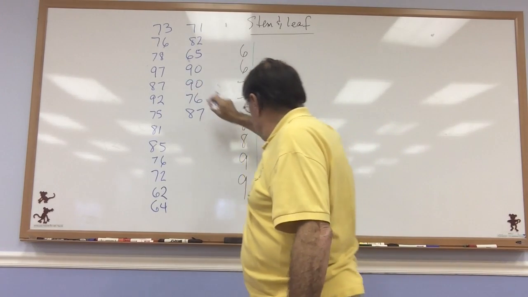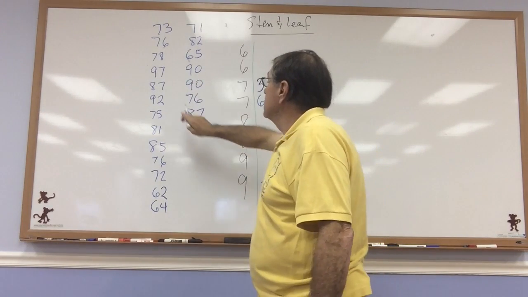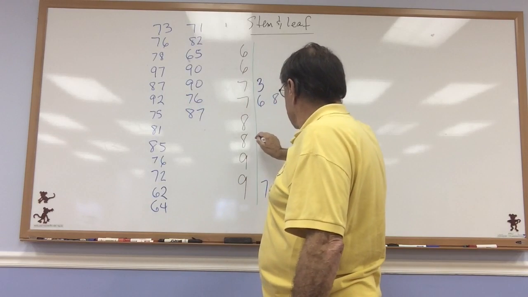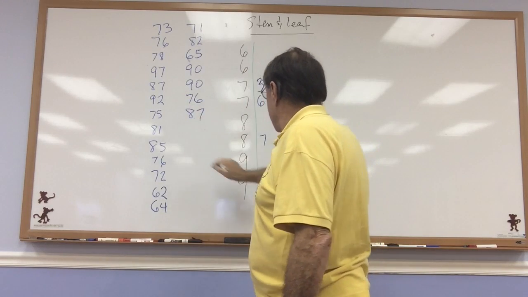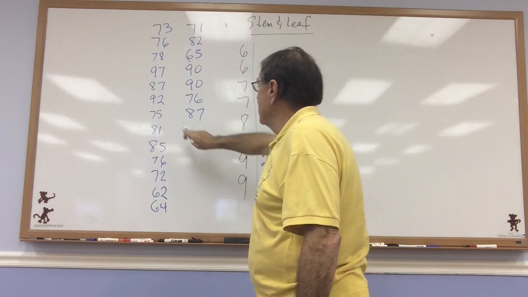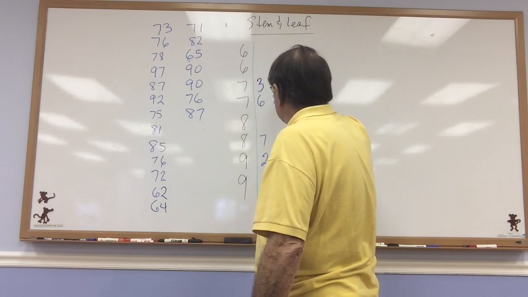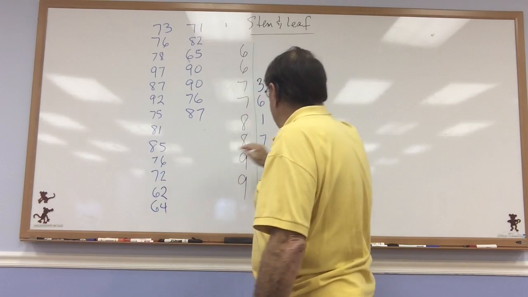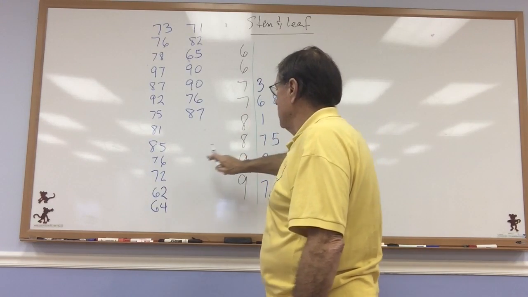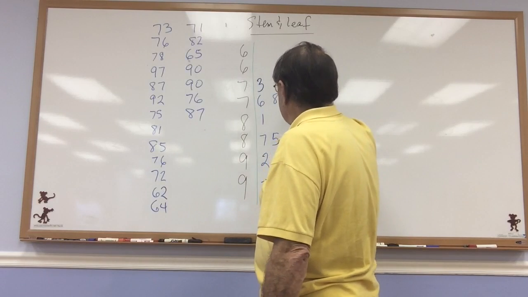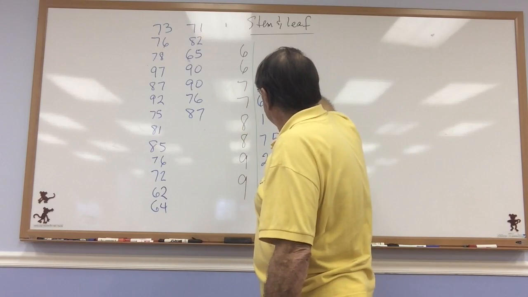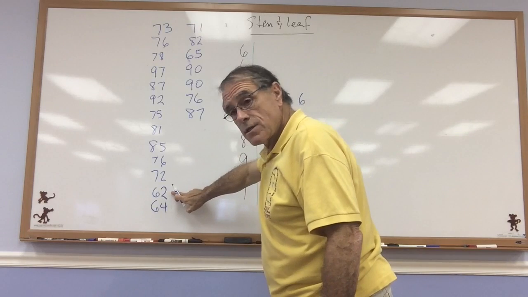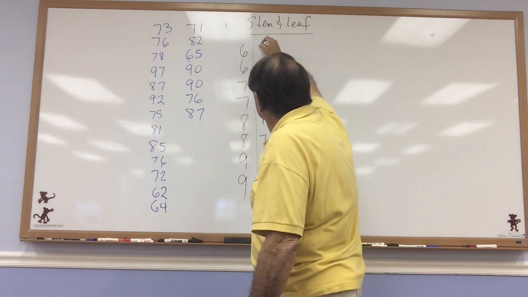I've got a 97, second line, 87, second line, 92, I've got a 75, I have an 81, an 85, I have a 76, a 72, a 62, and a 64.